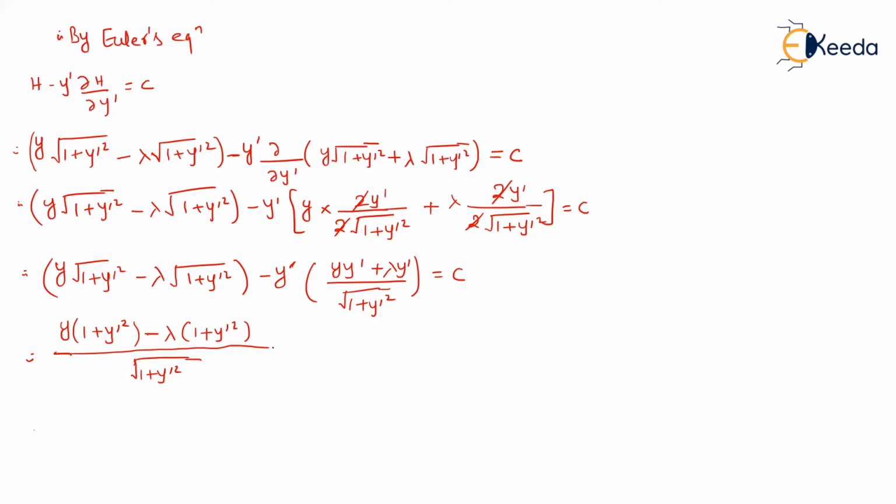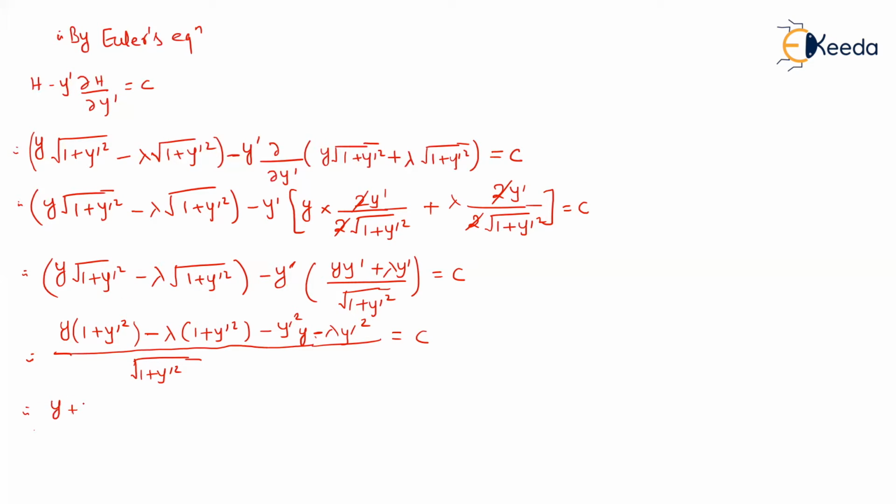What next? If we open this term, this will be y dash square into y. See here, this y into this y dash square minus, because outside it is minus, so both the terms will be minus. So that is lambda into y dash square is equal to c. Now let's open the brackets.